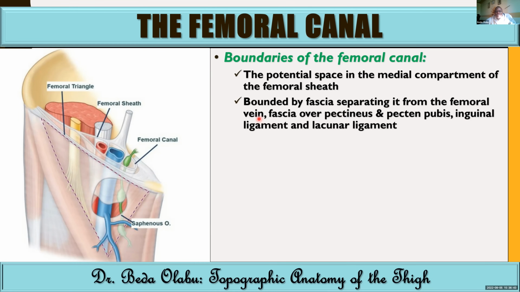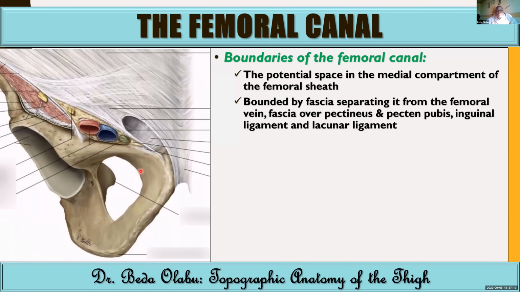Medially, you'll expect the septa separating the medial and the intermediate compartment. Remember that septa separated from the femoral vein. Posteriorly, apart from the pectineus, we'll also expect the smooth surface of the superior pubic ramus, which we call the pecten pubis, also being there. Anteriorly, we'll expect the inguinal ligament to be an anterior boundary. And medially, we have the lacunar ligament there.